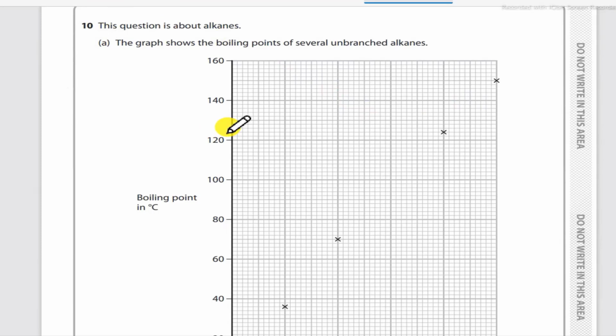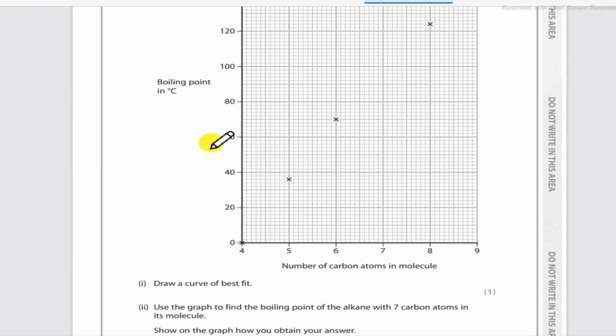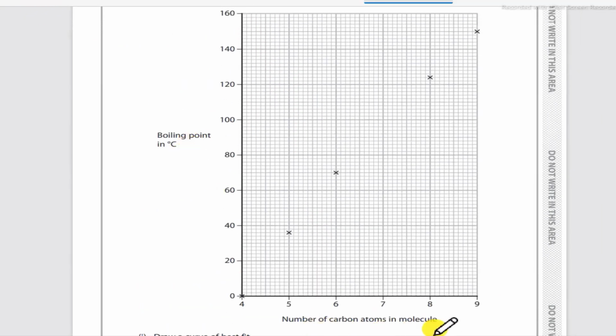A. The graph shows the boiling point of several unbranched alkanes. Number of carbon atoms in molecule on the horizontal axis and boiling point on the vertical axis. When number of carbon is 5, the boiling point is about 37.